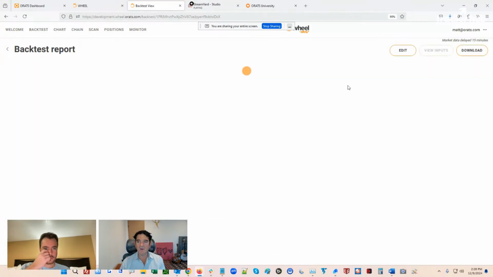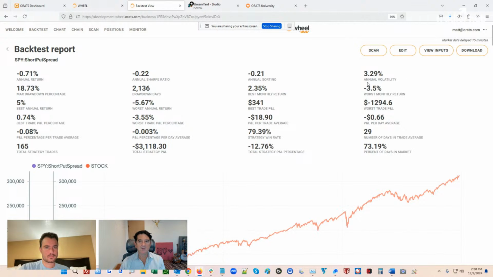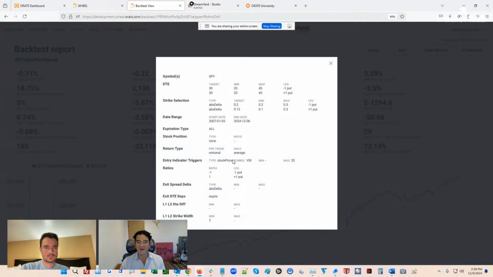here's one that didn't work that well. This is using when the VIX is under 20. This might be a little bit counterintuitive, but when the VIX is too low, it hurts the profitability of this particular test. And I've seen that now a couple of times. So you'd probably want to do the opposite.